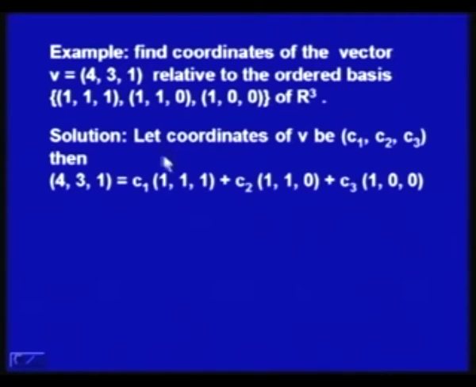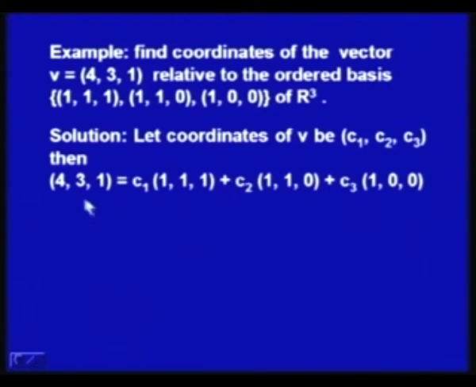So, we assume the coordinates of V are c1, c2, c3. That means, by definition, (4, 3, 1) is equal to c1 times (1, 1, 1), the first vector, plus c2 times the second vector (1, 1, 0), plus c3 times the third vector (1, 0, 0).